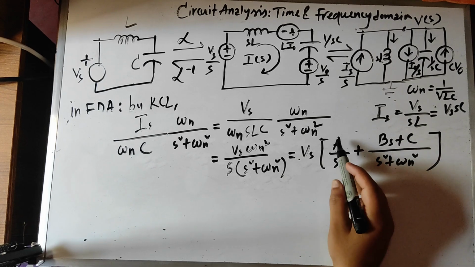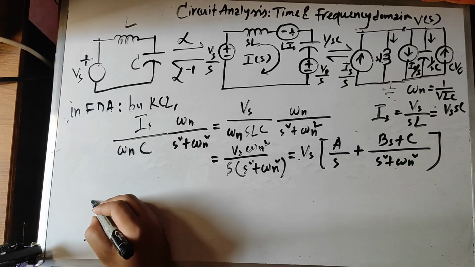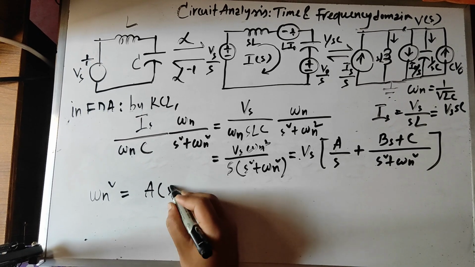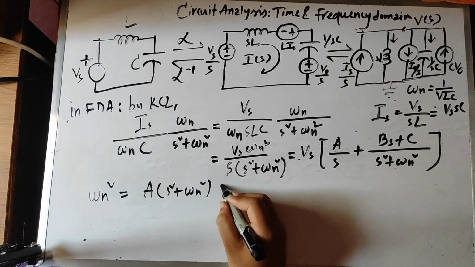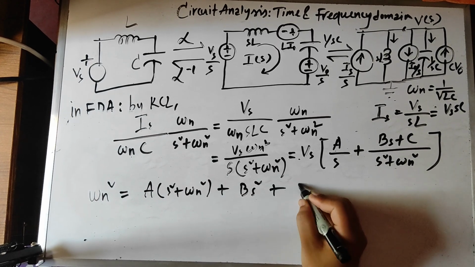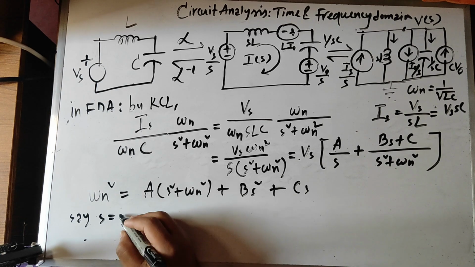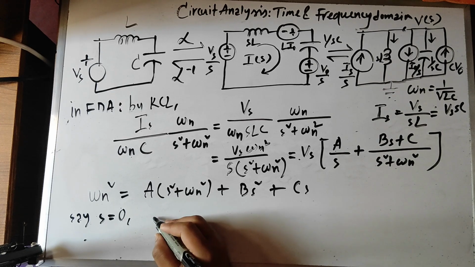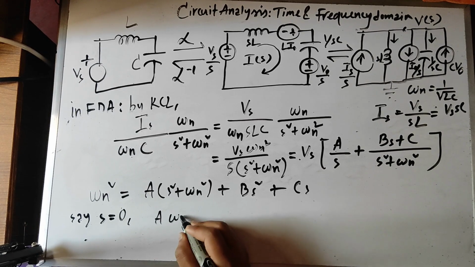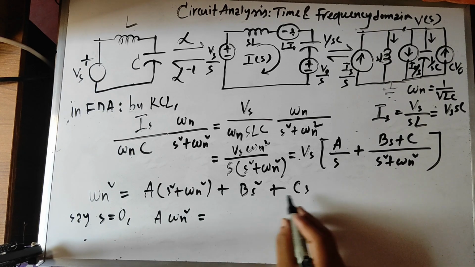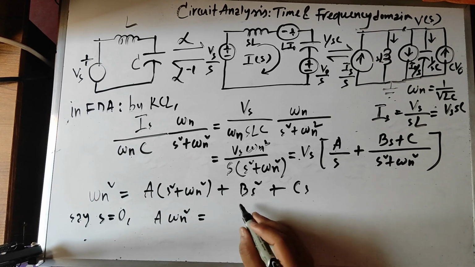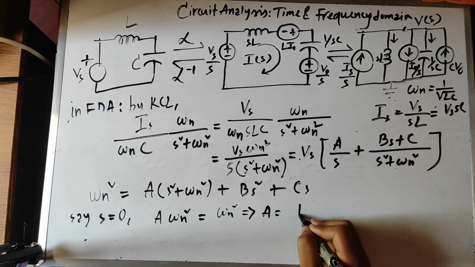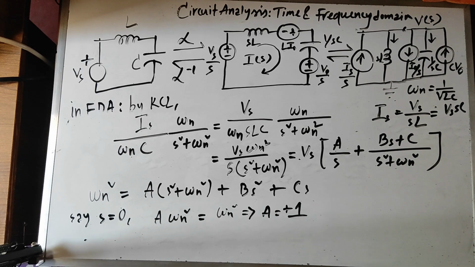To get the arbitrary constants, omega n squared equals A times (s squared plus omega n squared) plus B s squared plus Cs. Say s is 0, which will give us A omega n squared equals 1, as the other two terms will be 0. So omega n squared A equals 1.